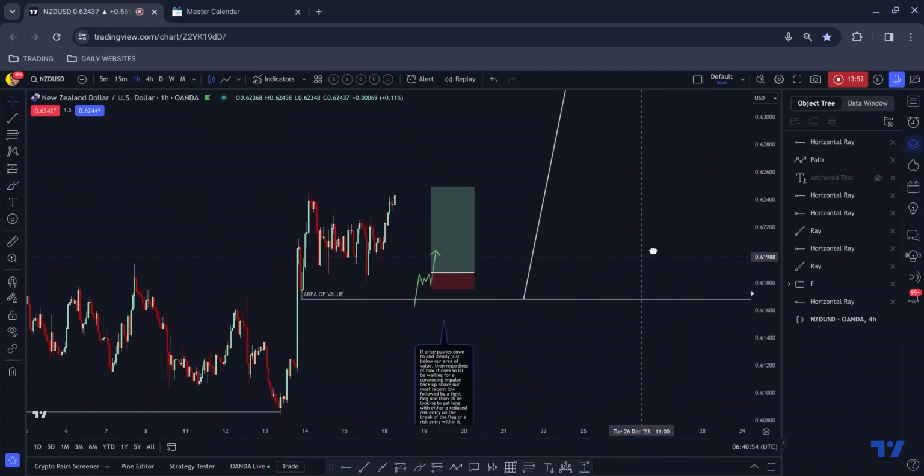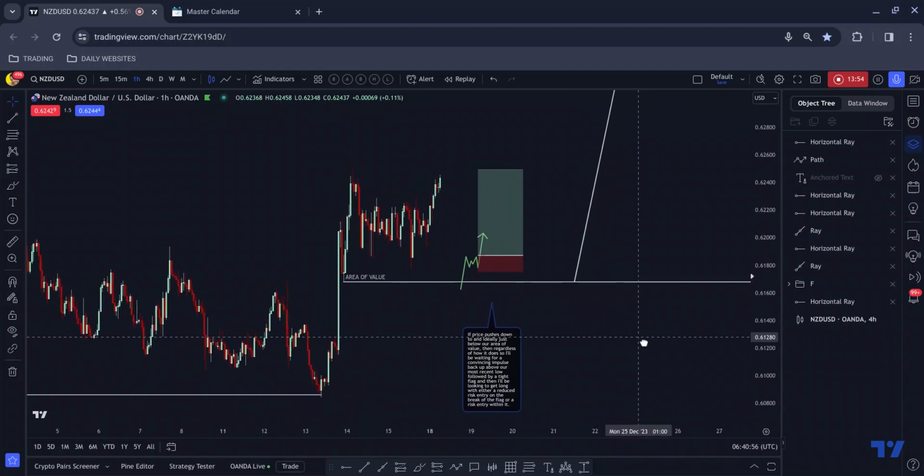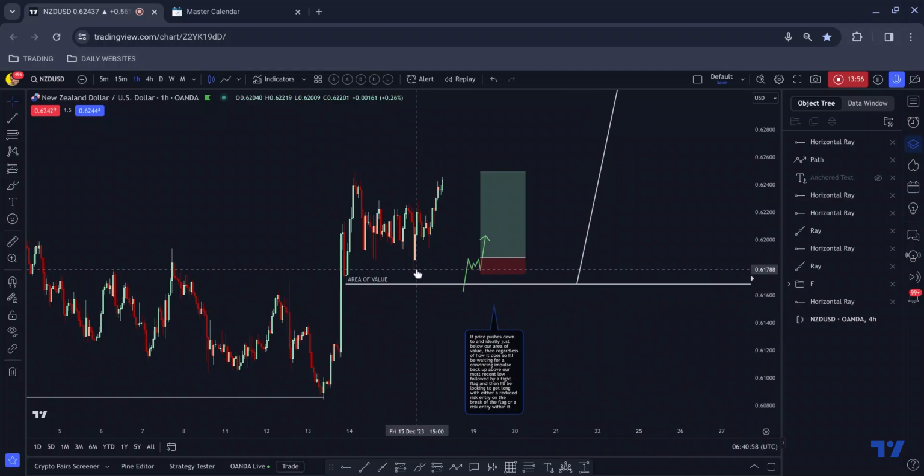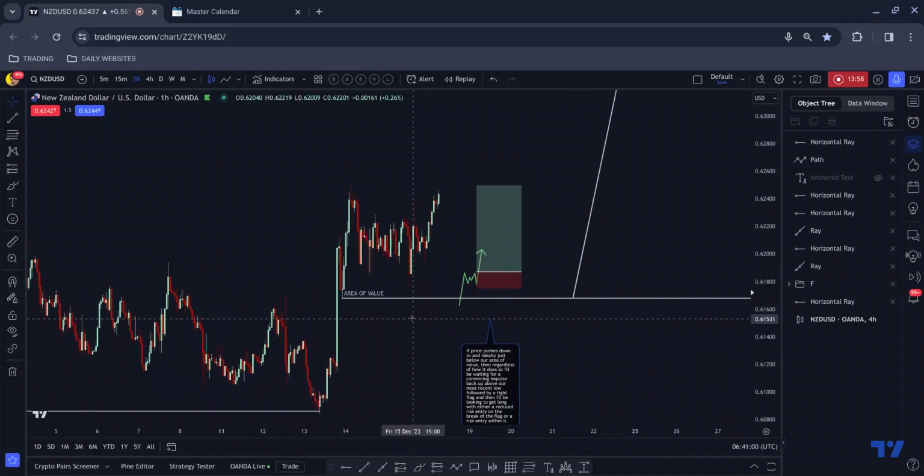Specifically in this instance, a push up back above this low here, because then we would have washed out all of the liquidity that was there.